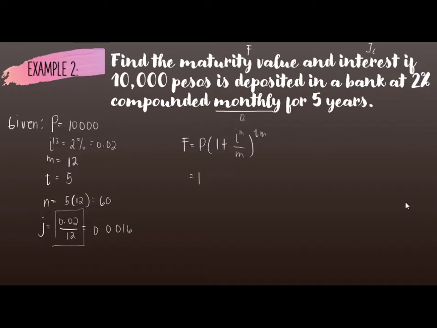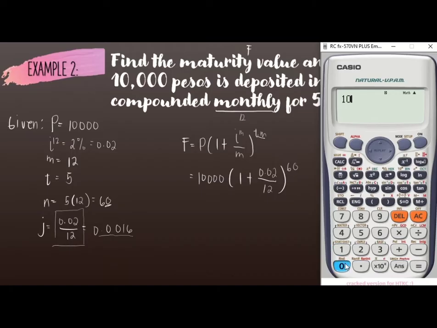So, yung P natin is 10,000 times 1 plus, so hindi natin to gagamitin. So, itong ang ilalagay natin, 0.02 over 12 raised to T times M. So, si T times M, na-compute na natin yan. 5 times 12, that is 60. So, pwede natin ilagay na 60 agad. Okay, then, compute.